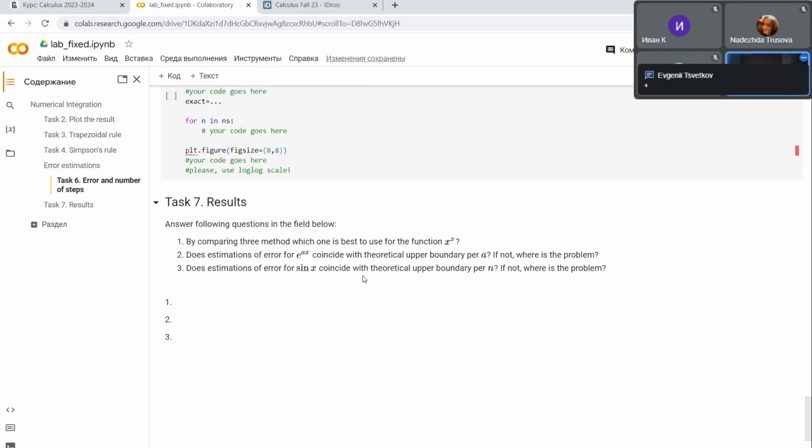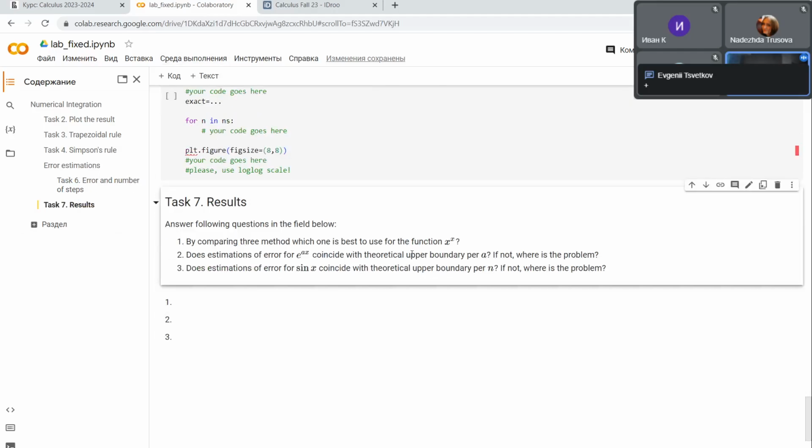So that's nice. And the last thing we can mention is task number 7. We ask you to discuss some theoretical results. What do we think about the best method for the function x in power of x?